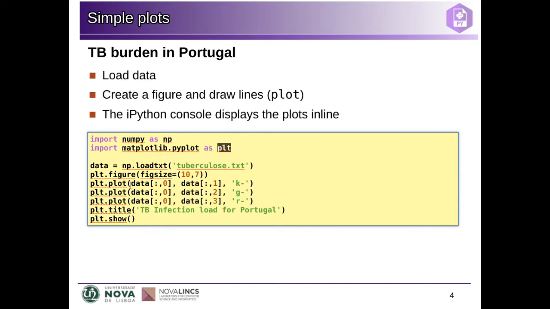So now we can use this function from pyplot, figure, to create a new chart, a new graph to plot things in, and we can either just call it without any arguments, or we can put some extra arguments. You can put the resolution, the size, and things like that.